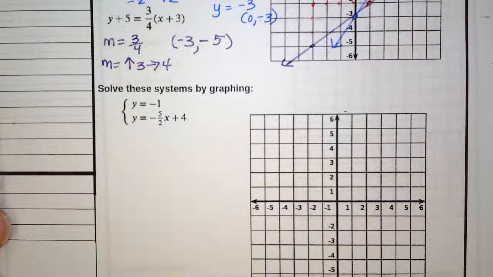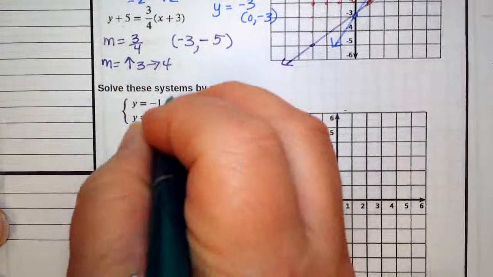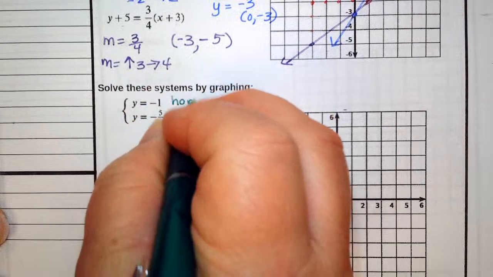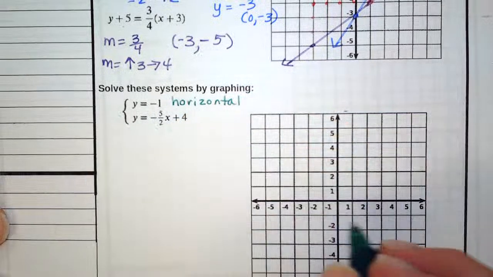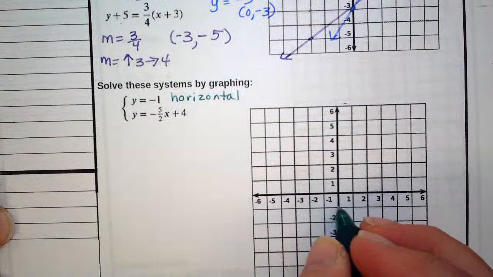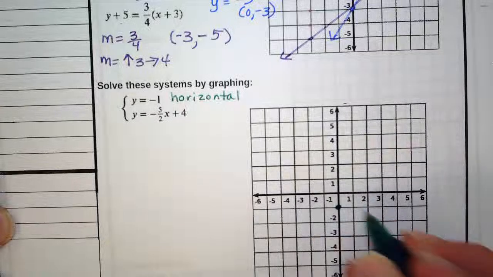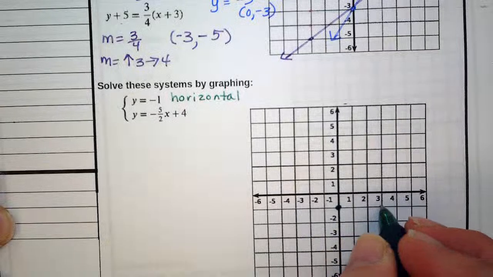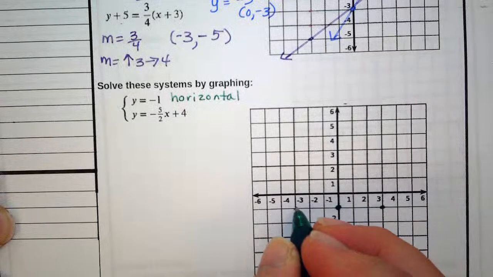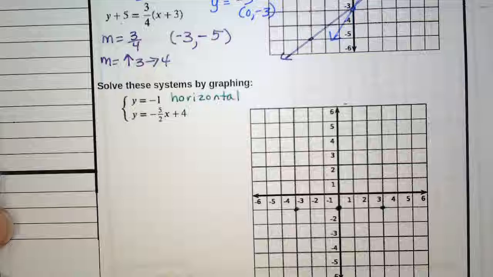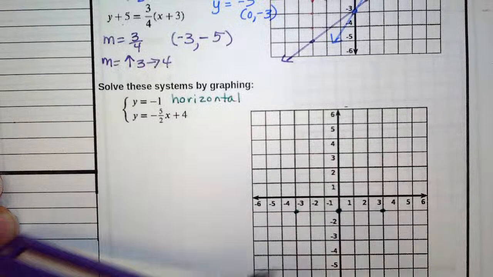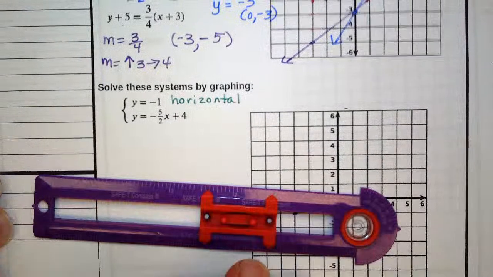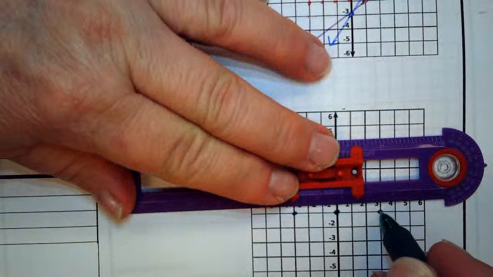It is horizontal. So where it's negative 1, here is negative 1 when y is negative 1. Here's 3, negative 1. Here's negative 3, negative 1. So our first graph is that horizontal line on negative 1.